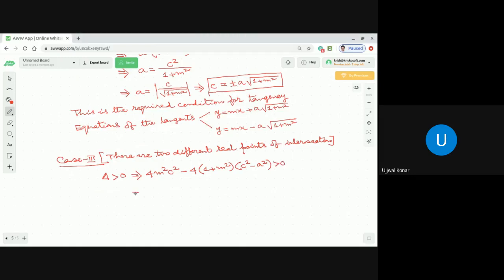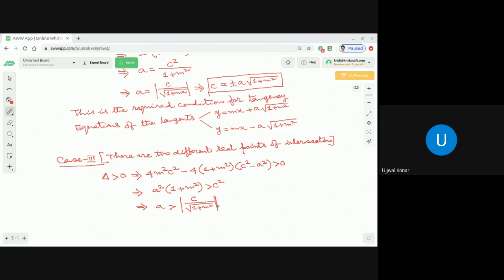I am not doing all the intermediate steps because I have already done them in case 1. So I can directly write a square into (1 plus m square) is greater than c square. That implies a is greater than mod of c by square root of (1 plus m square).